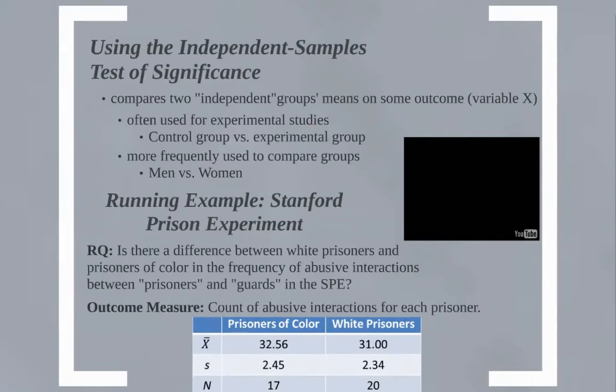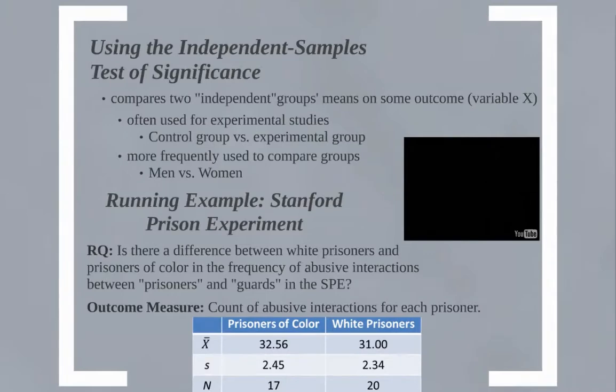And so let's say that Zimbardo counted up the number of abusive treatments that guards gave various prisoners throughout the 6 days of the experiment, and calculated the averages here. And so let's say we have the averages and the standard deviations for both groups.